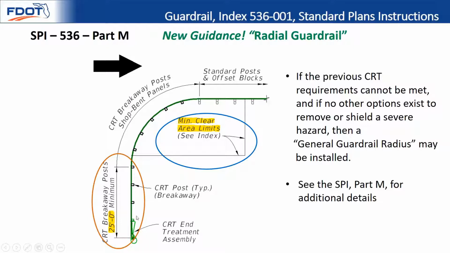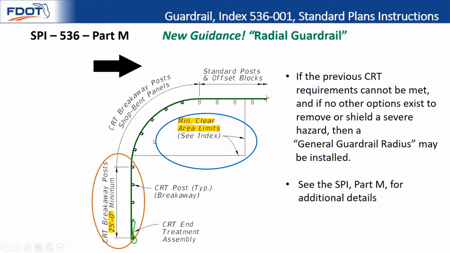If we know there isn't enough space for all the breakaway posts, and then the CRT system is not going to be really effective, the designer can have an option to put in basically standard post and offset blocks that are not breakaway.